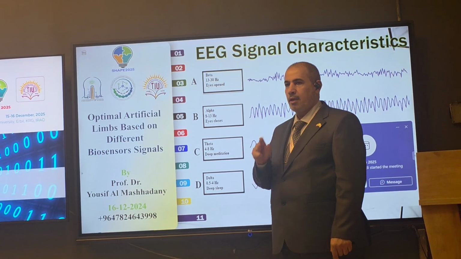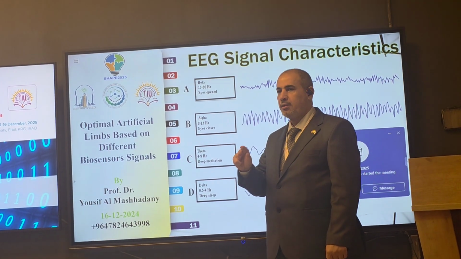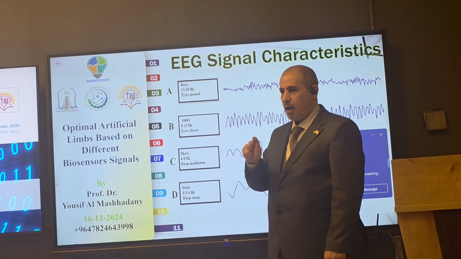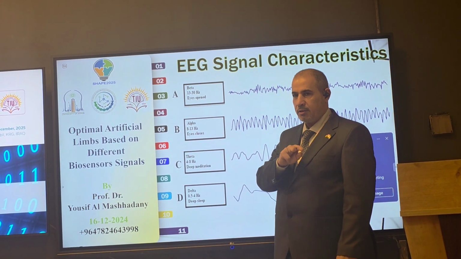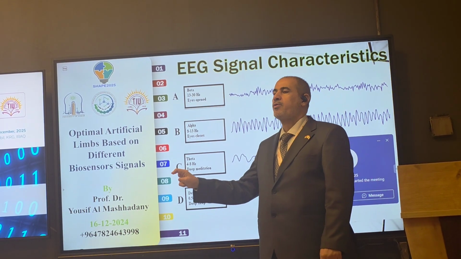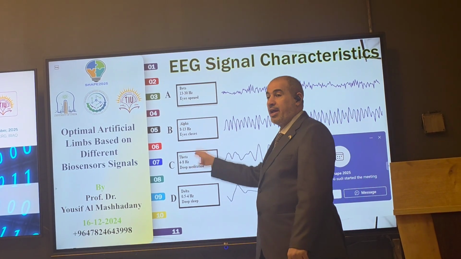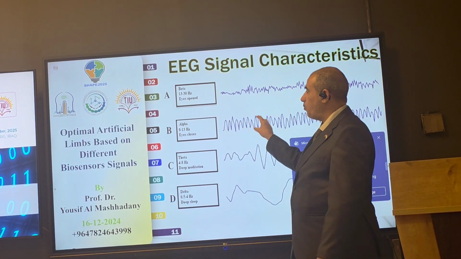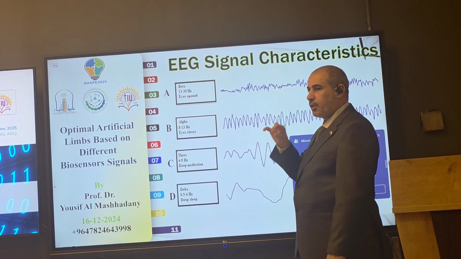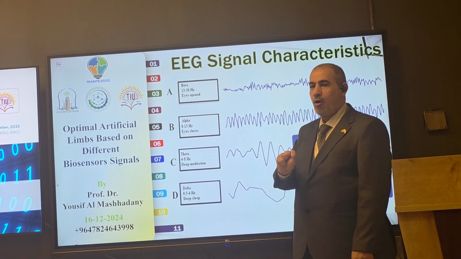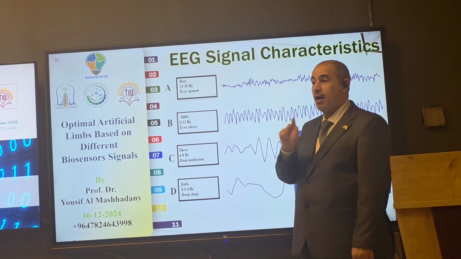ERD means event related desynchronization. ERS, event related synchronization. That means synchronization within this range. Therefore, we must get the features when the signals are in the stage of ERS, not ERD.